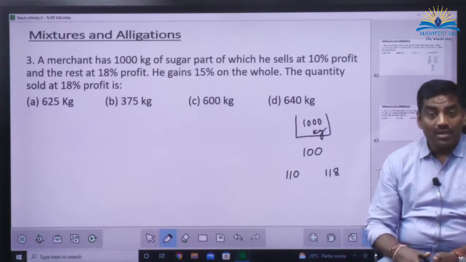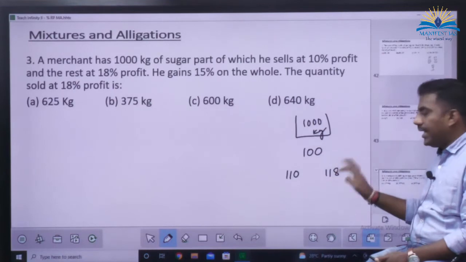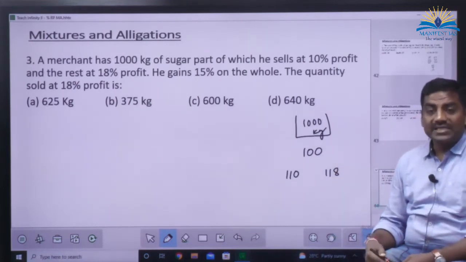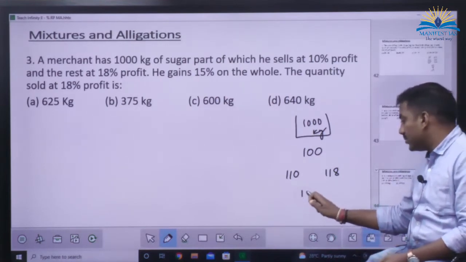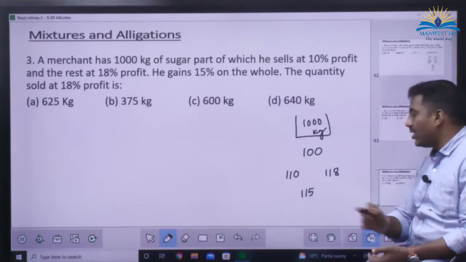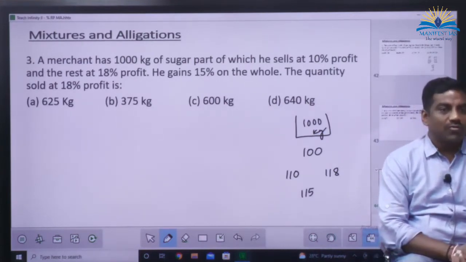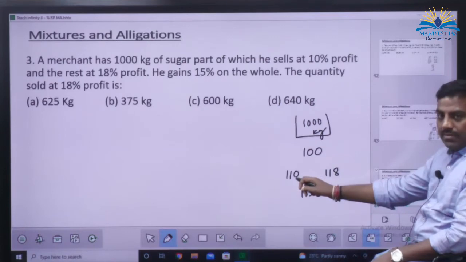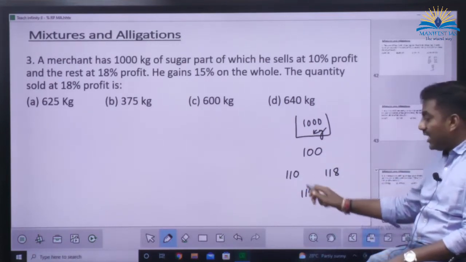What does that mean? Either it is 110 on some lot and 118 on some lot, at the end of the day it is as good as selling every kg of sugar at rupees 115. Yes or no? Overall price is 115, right? And see, the minimum profit is 10, maximum profit is 18. What about this 15? It is between them.